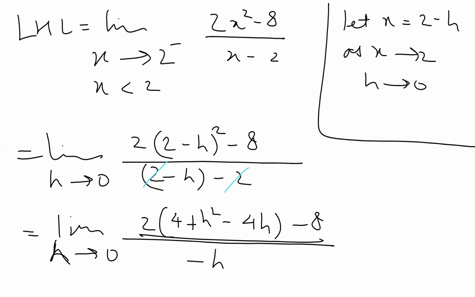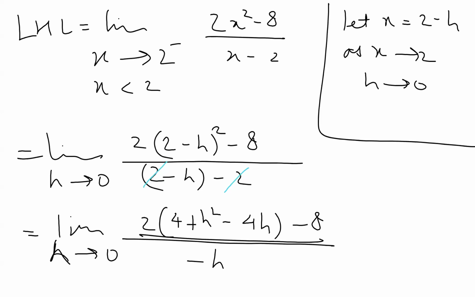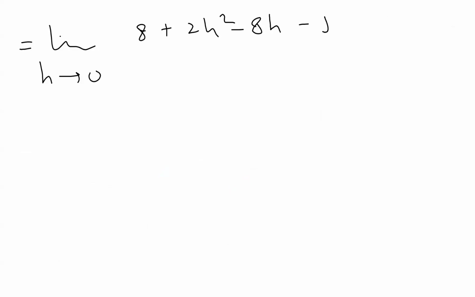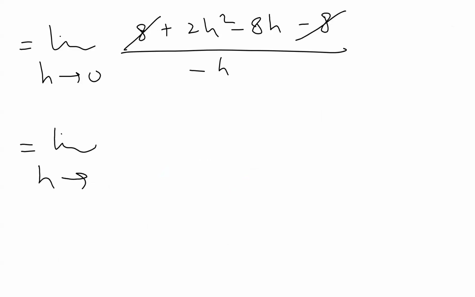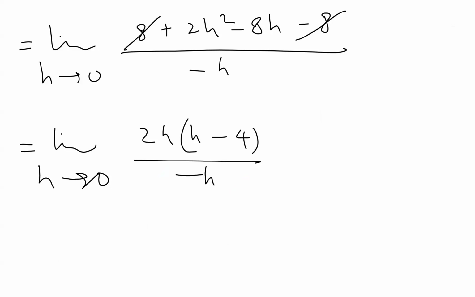So simplify this: 8 plus 2h square minus 8h minus 8 upon minus h. So 8 and 8 is gone. Take 2h common, so within the bracket we are having (h minus 4) upon minus h. Now this h and this h is also gone. This was the final thing to simplify.